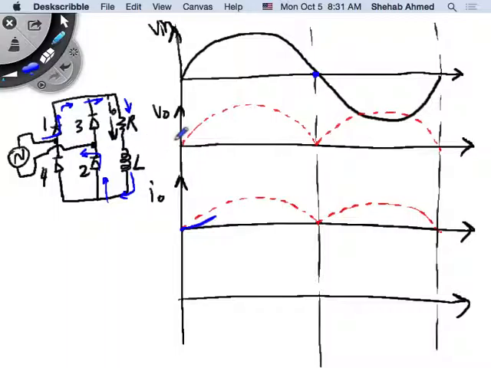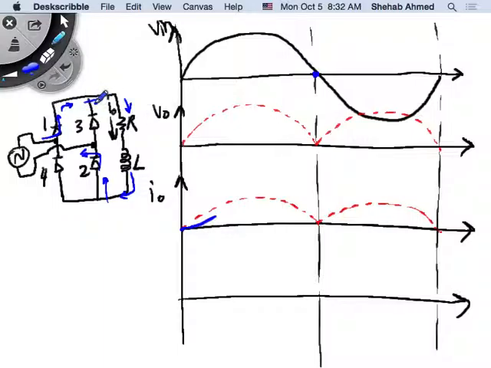Right? So the output voltage will look like what? If the voltage goes negative or the current tries to go negative here, what's going to happen? All these diodes are pointing up, so it's not possible for current to flow in the reverse direction.